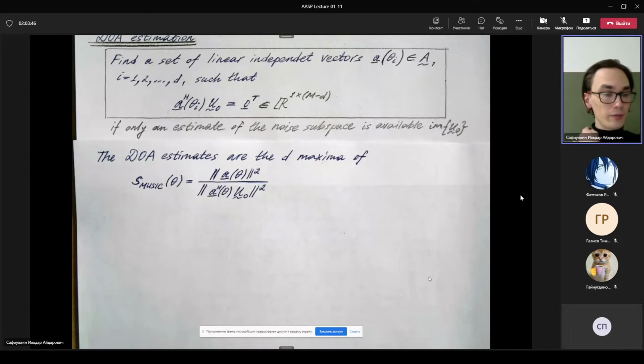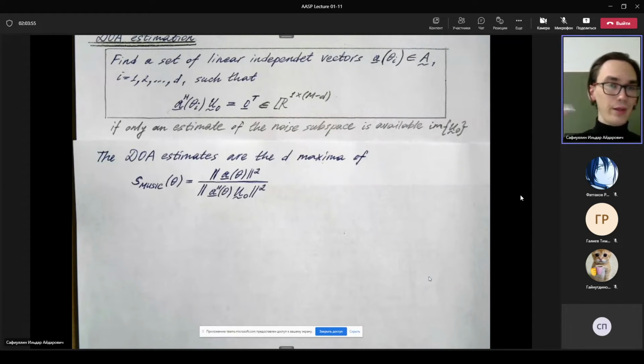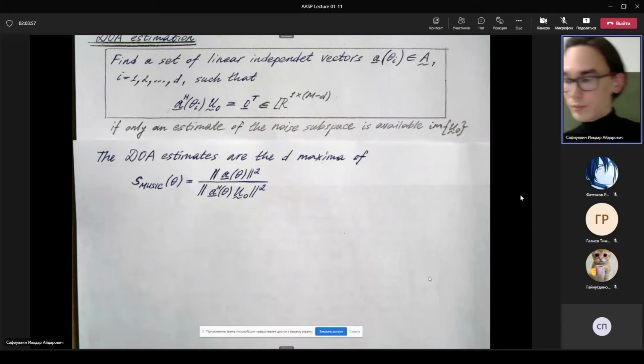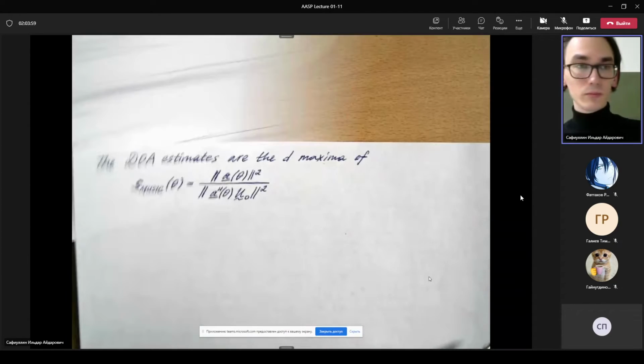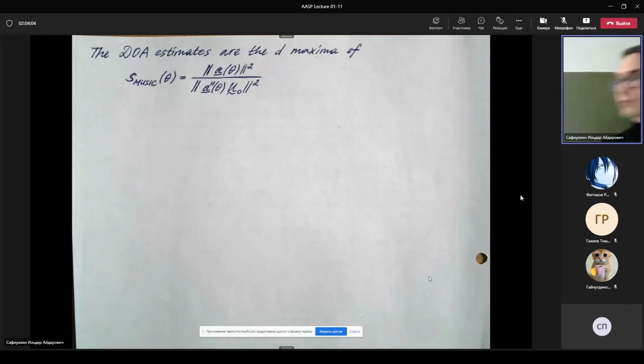And let's see what we'll have in this case if we rewrite the 2 norm using A Hermitian times A. We can call this one something like spectral power, which depends on theta.